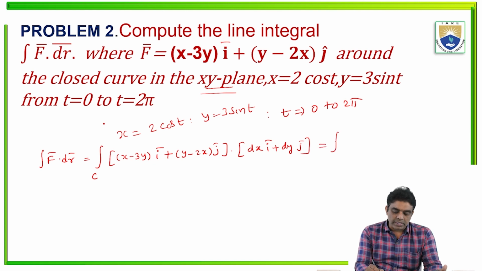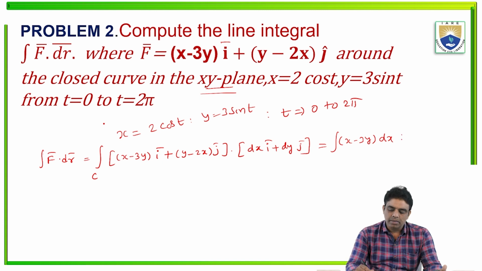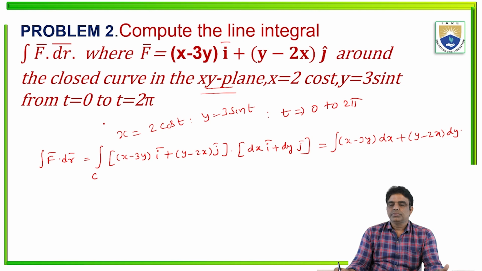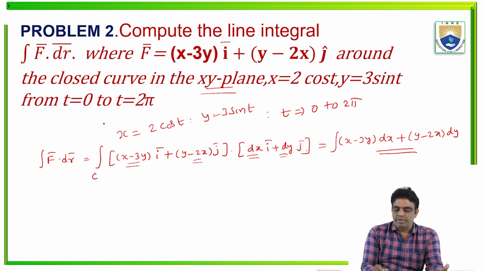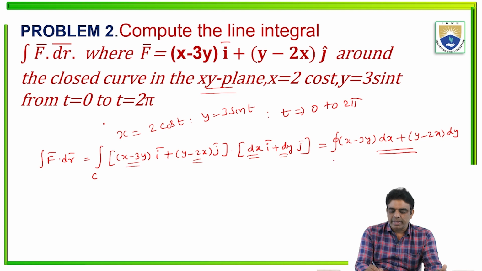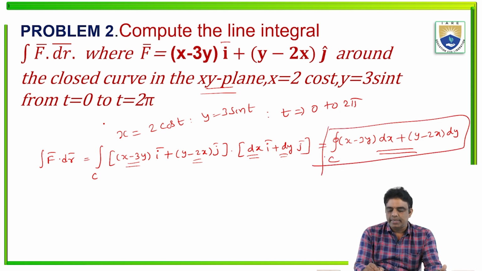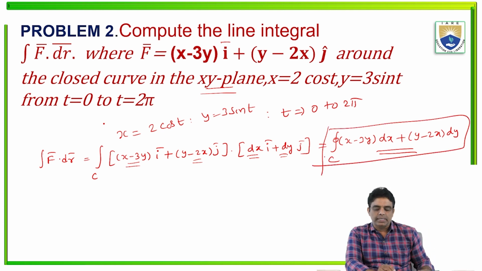So this is equal to x minus 3y into dx plus y minus 2x into dy. Remaining all terms are 0. So we have to evaluate this along the closed curve C.